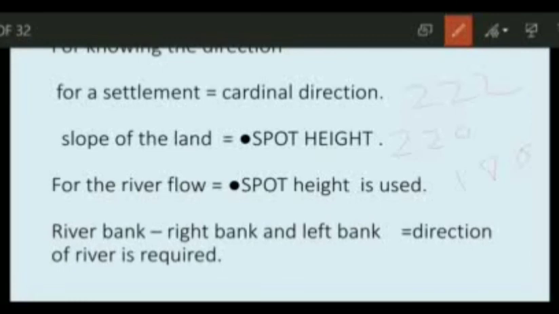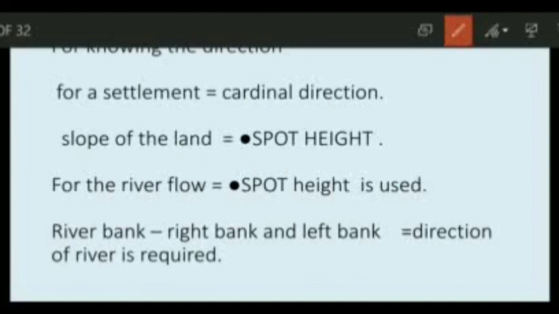So these are the spot heights, given as black color dots. If you know the spot height, you will know the slope of the land, the direction of the land. Maybe it is going towards the northwest direction or southeast direction, southwest direction. So these spot heights will help you to know about the direction.